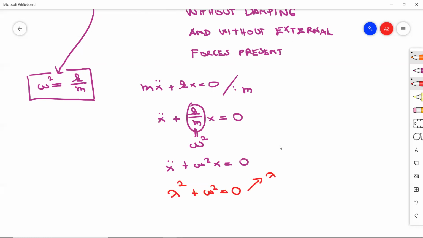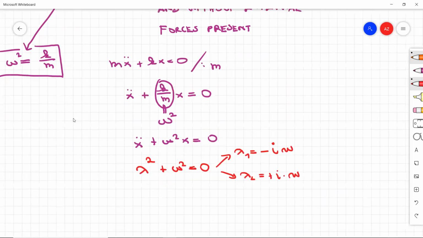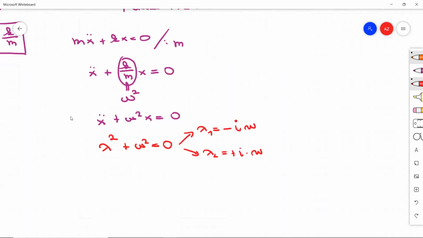So lambda 1 is minus i times omega, and lambda 2 is plus i times omega, which means that the complex solutions are e to the minus i omega t, and the second complex solution is e to the i omega t.